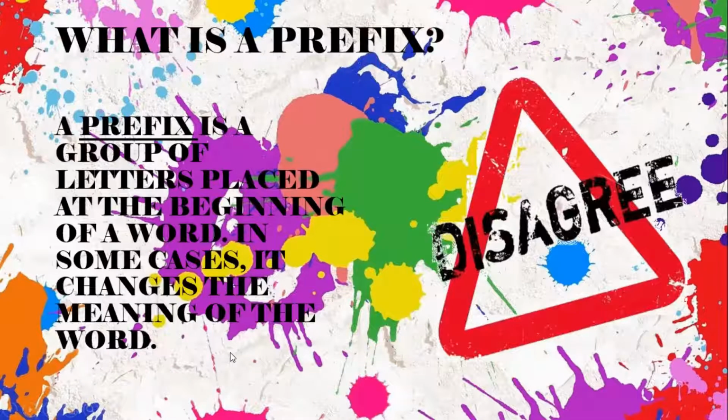A prefix now. So we looked at a root or base word and we've determined that our root or base words give us the basic definition of a word and they form the basis for new words to be formed. Our prefixes now are groups of letters that are placed at the beginning of a word. And it's very important for you to note that in some cases, when the prefix is added, it may change the meaning of the word.